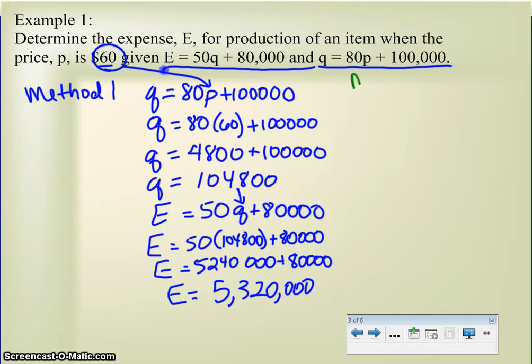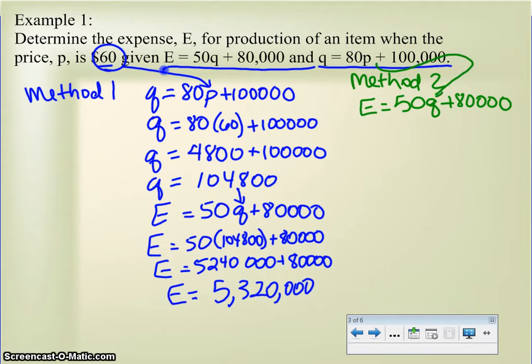All right, method 2. For method 2, we're going to start with our expense equation, and it's E equals 50Q plus 80,000. And we're going to plug in our value that we know for Q. So we get E equals 50 times the quantity 80P plus 100,000, and I'm going to have to squeeze it in here, plus the 80,000.